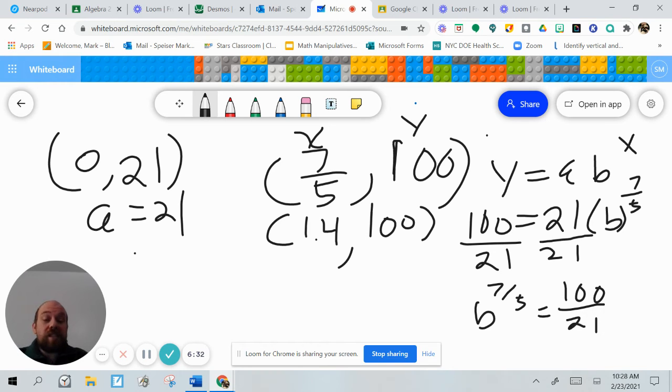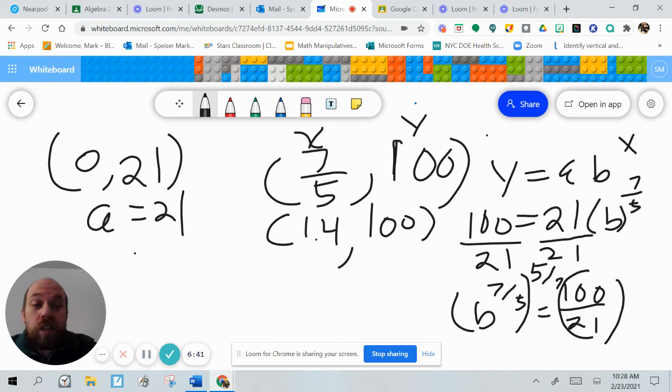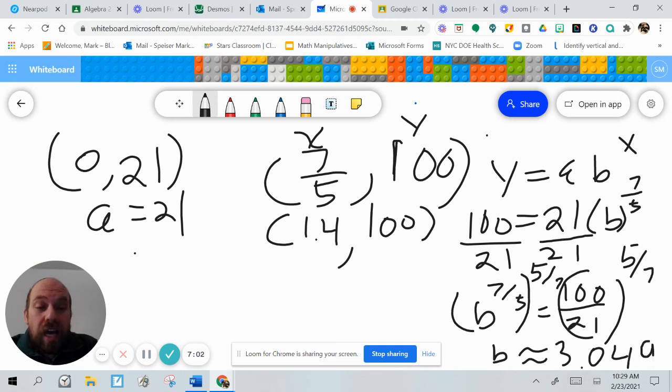Now, what power am I going to raise this to solve? You always raise it to the reciprocal. So it's the 7/5, I'm going to raise it to the 5/7 power. I'm going to raise 100/21 to the 5/7 power, and I'm going to use that to solve for b. We round to 3 decimal places, the nearest thousandth. 3.049.